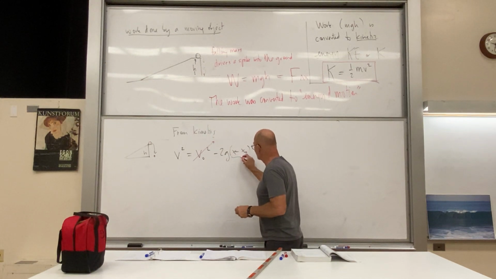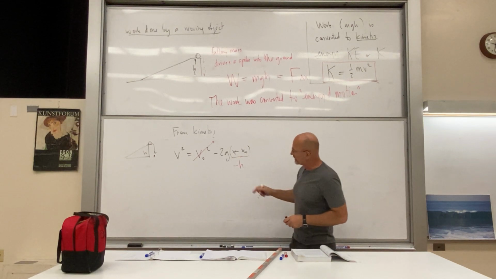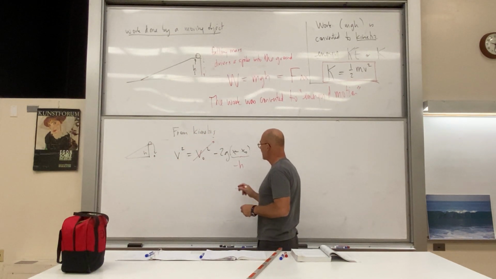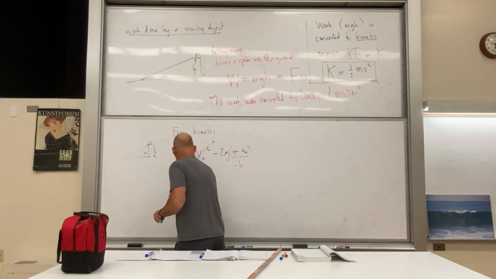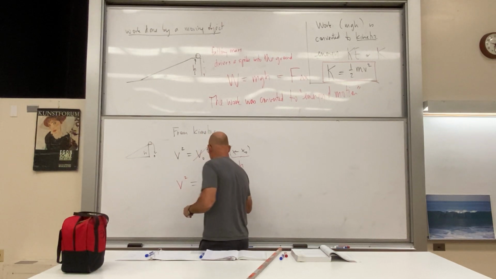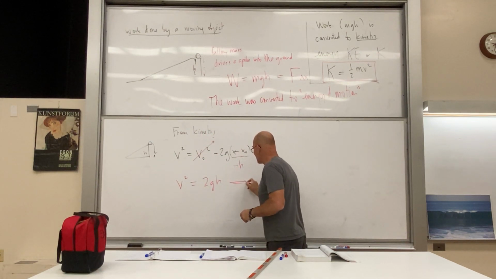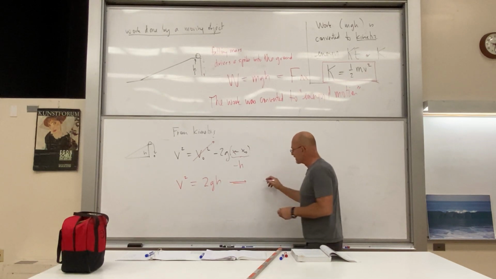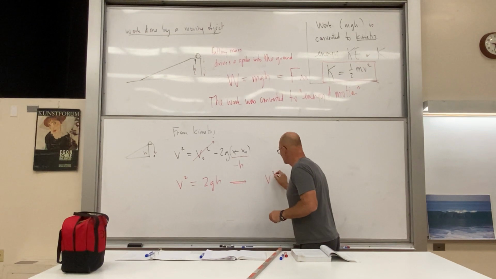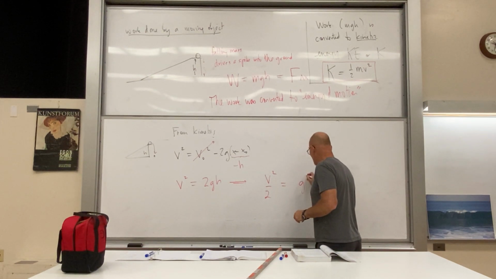And then the x minus x0 is going to be minus h because we're going from higher to lower, okay? And then we're going to get v squared is equal to 2gh. And what does that tell us? That tells us, in fact, now you want to leave a little space everywhere, so that tells us v squared over 2 is equal to gh.